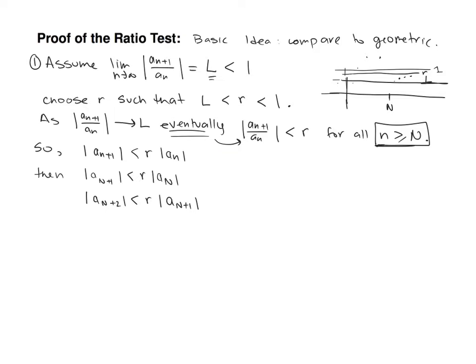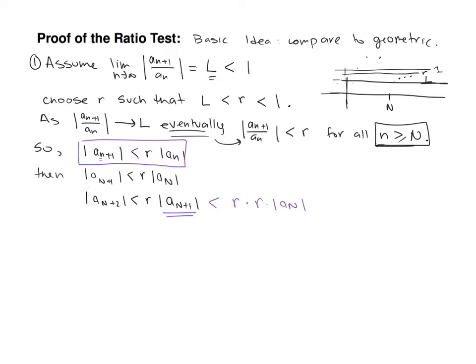So what that's using is this relationship with n equal to N plus 1. Is that okay? And here's where you use that you know this thing is less than r times the absolute value of a sub capital N. Do you see that?